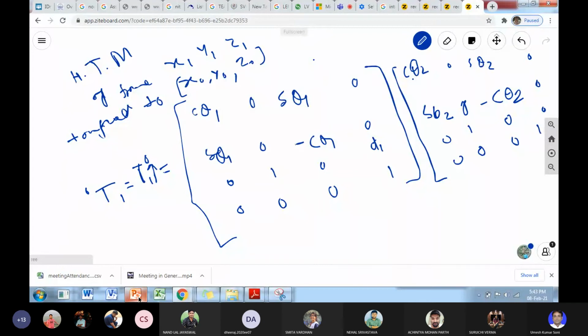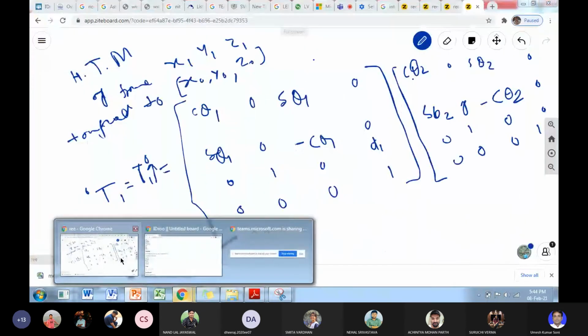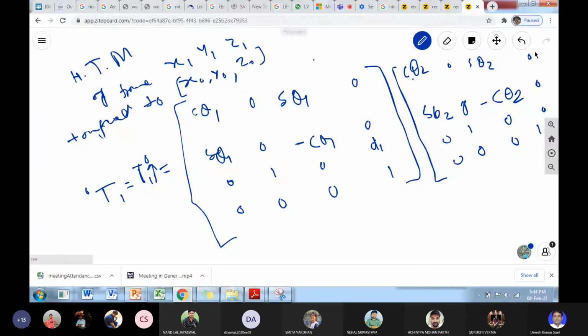Okay, you see here all the three components are 0 because a2 is 0 and a2 cos theta, a2 sin theta is 0, and here there is no variable length, so there is no component of d. So here you can see that this is the second homogeneous transformation matrix. Can you see here? ये समझ में आ रहा है क्या?